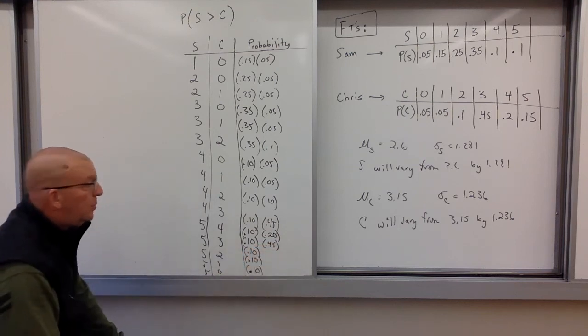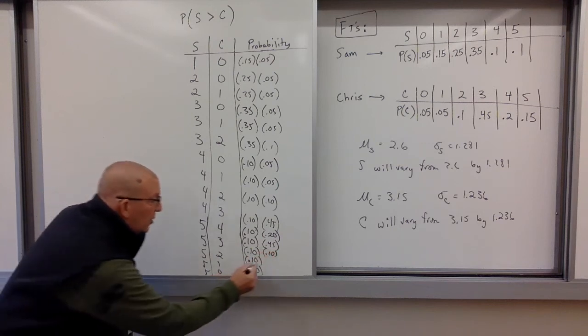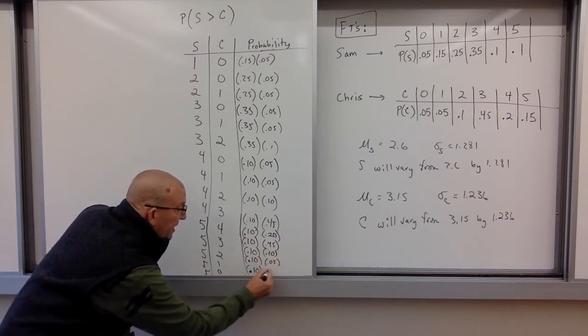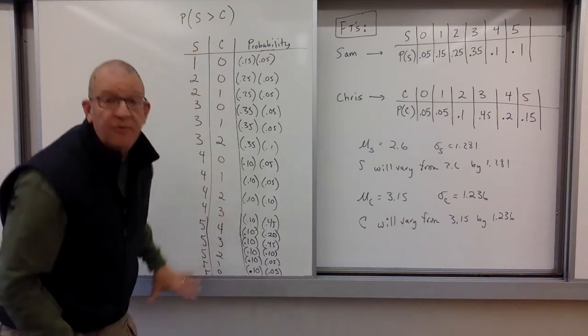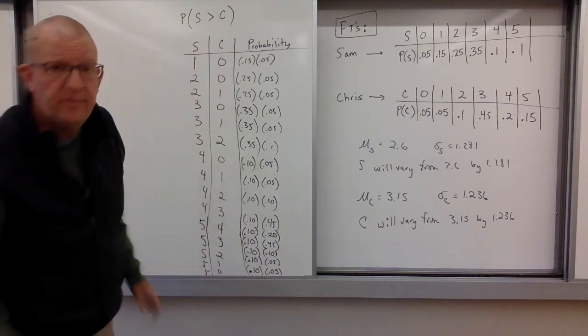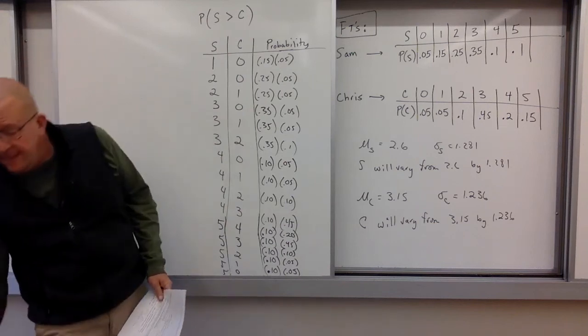At 2, we're at 10%. And then for 1 and 0, we're both at 5%. So that's the list of the outcomes where Sam makes more than Chris.